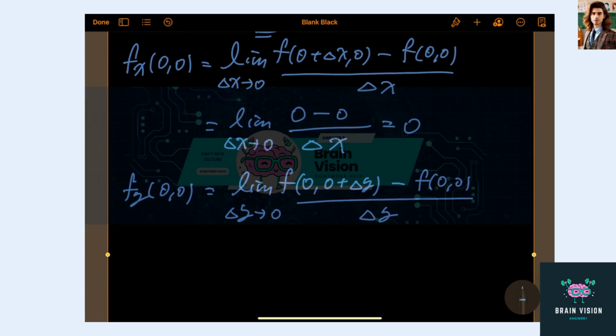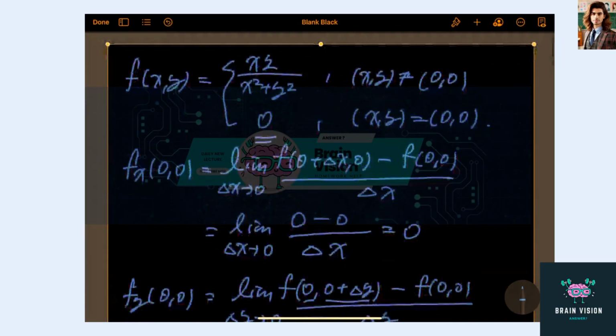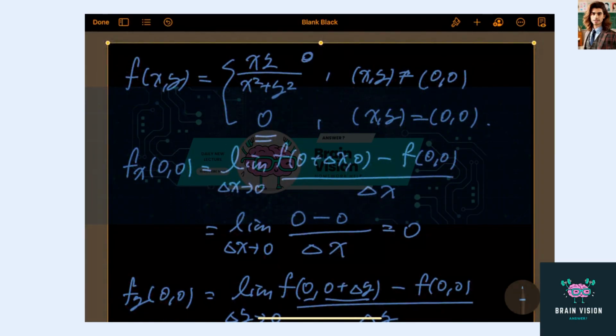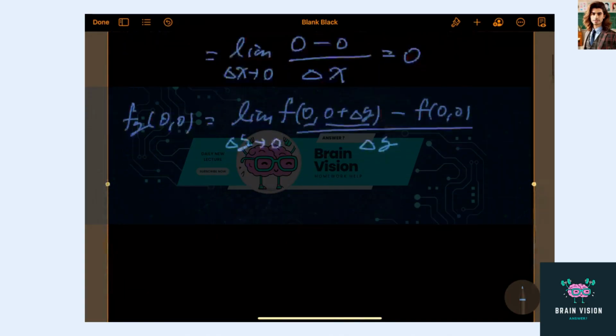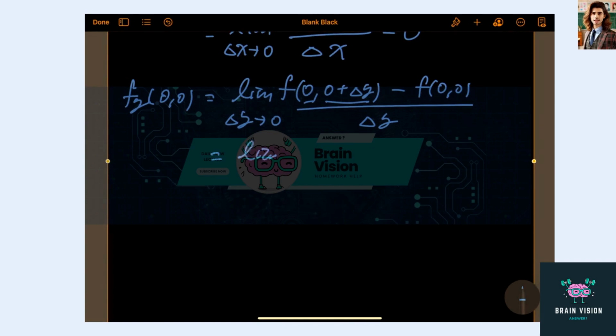Similarly, when we substitute (0, 0 plus delta y) into our function, this is the upper one, because x and y in that case is not equal to (0, 0). So we just substitute into this equation, and we find that to be 0 minus 0 over delta y, which is equal to 0.